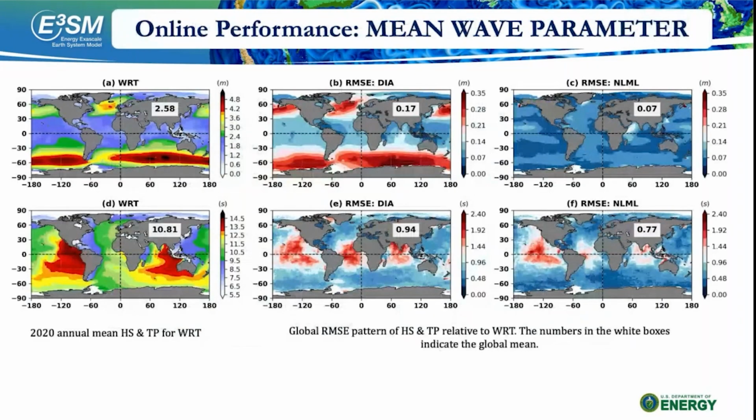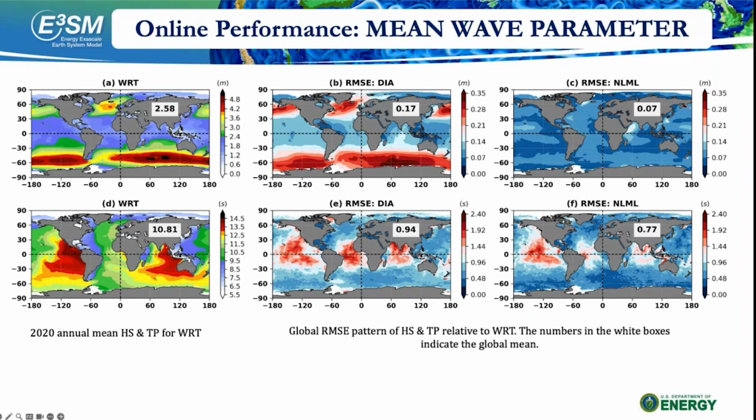So the online performance: we're talking about the mean wave interaction and then the mean wave parameters. First, we're just looking at the significant wave height and also the peak wave period. The top is the significant wave height and the bottom is the peak wave period. The first panel is just showing the mean for 2020 for wave height WLT.